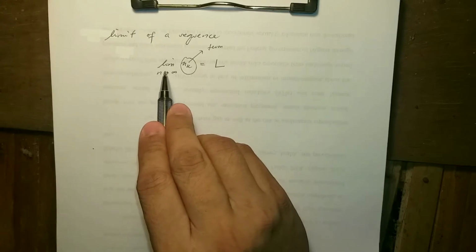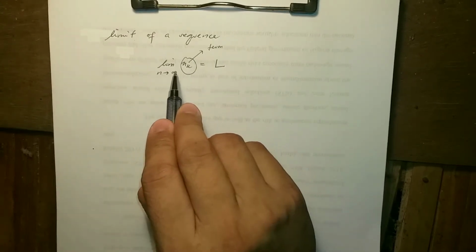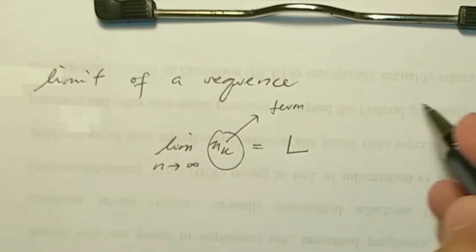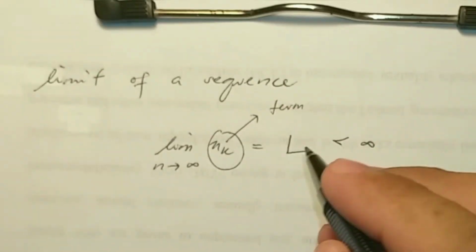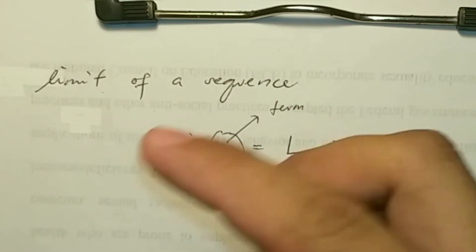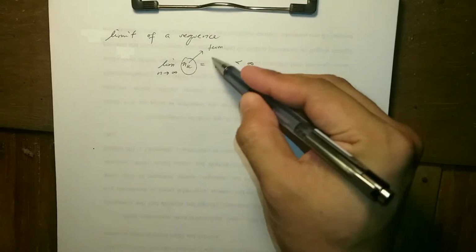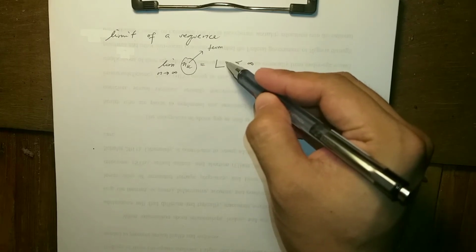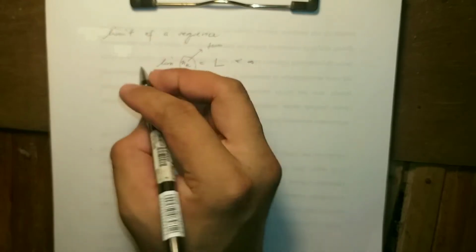Now, if a sequence has a limit, a finite limit, we say that the sequence converges to a given value. So we write it here.